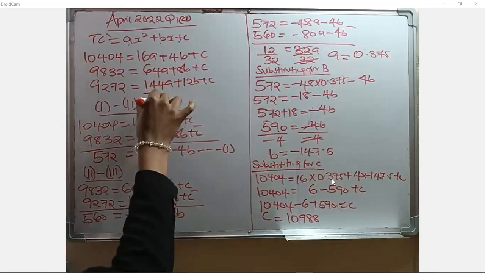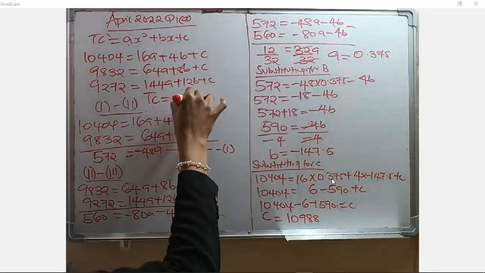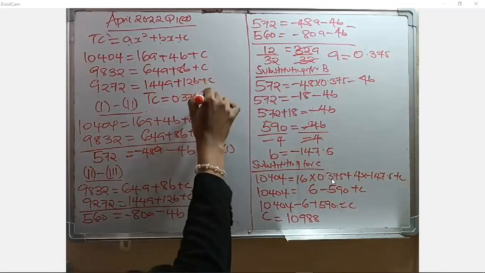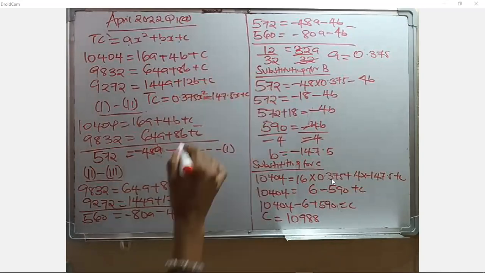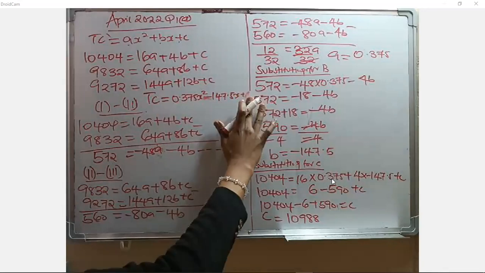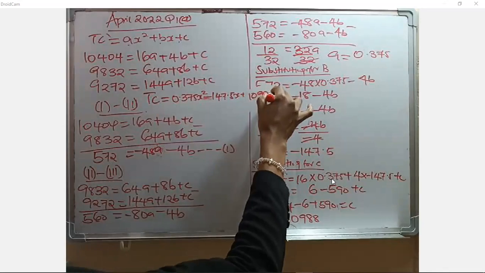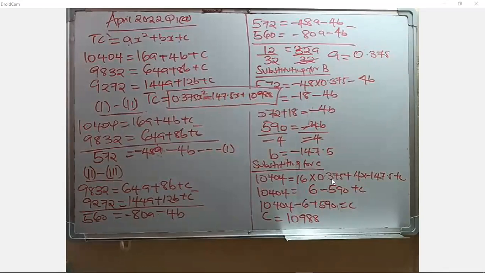So the total cost function will be equal to, when I look at my A value, 0.375x squared plus, it should be negative here, negative 147.5x, plus the value of C, which is 10,988. This is the total cost function. Are you able to understand?